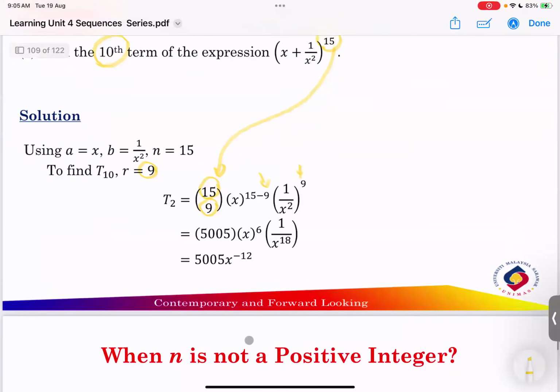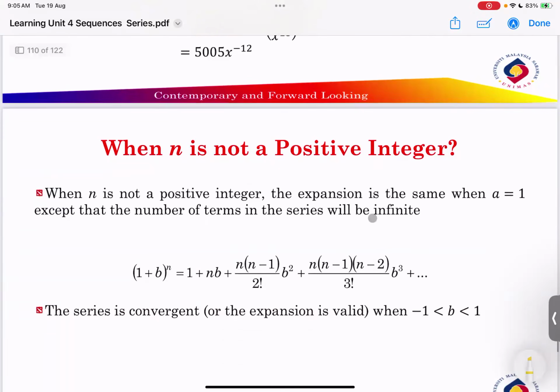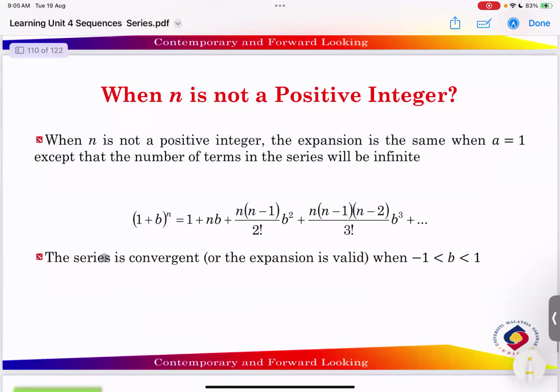When n is not a positive integer, what are we going to do? When n is not a positive integer, the expression is the same as when a is equal to 1, except that the number of terms in the series will be infinite. The series is convergent, or the expression is valid, when it is in between these values.